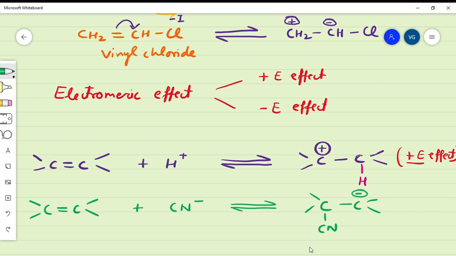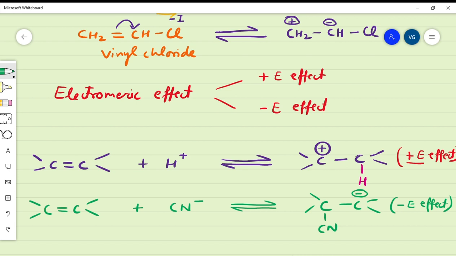Because CN is carrying negative charge, it will get attached to the carbon which carries positive charge. So that's why it is the example of minus E effect. So we can remember by this method: whatever product we are getting, if it carries positive charge, it is plus E effect. If it carries negative charge, then it is minus E effect.